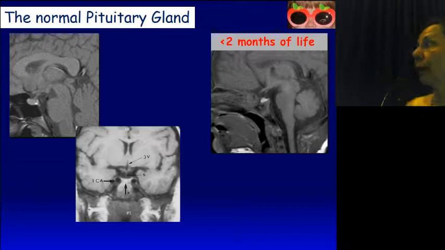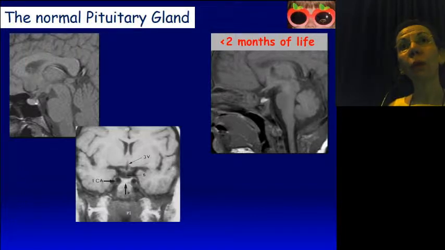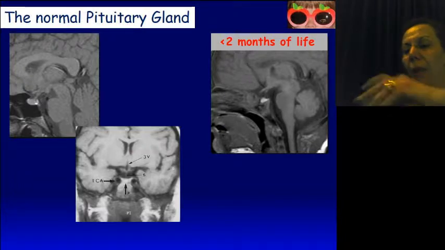The anterior lobe is isosignal to the brainstem in young children and adults, of course, and posteriorly you have the neurohypophysis, which is the posterior lobe, a kind of reservoir containing the ADH and the hormones that are transported through axonal flow from the hypothalamic nuclei, the paraventricular and the supraoptic nuclei.